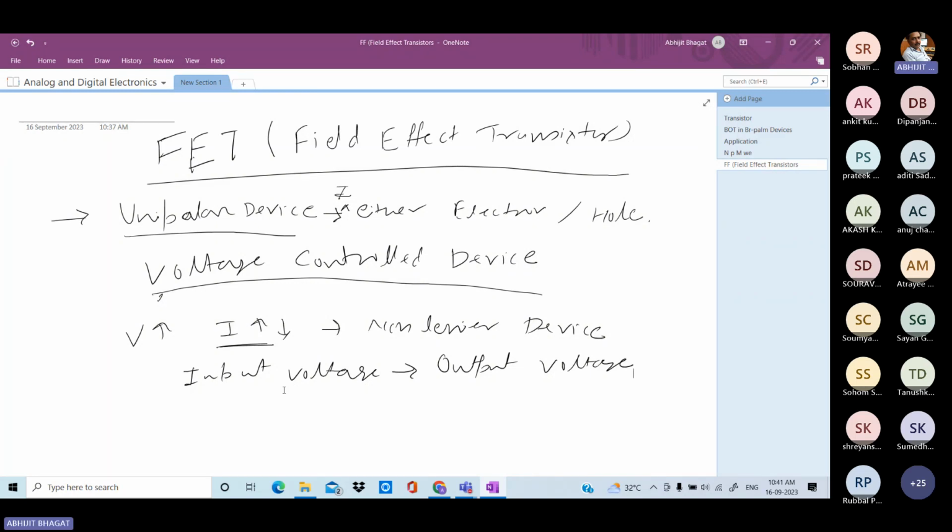So it is called a voltage control device.